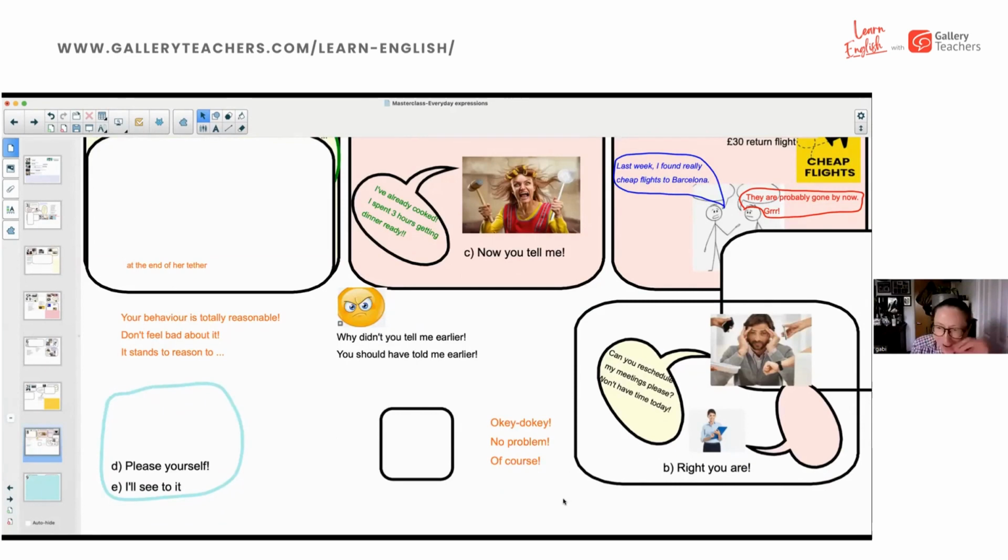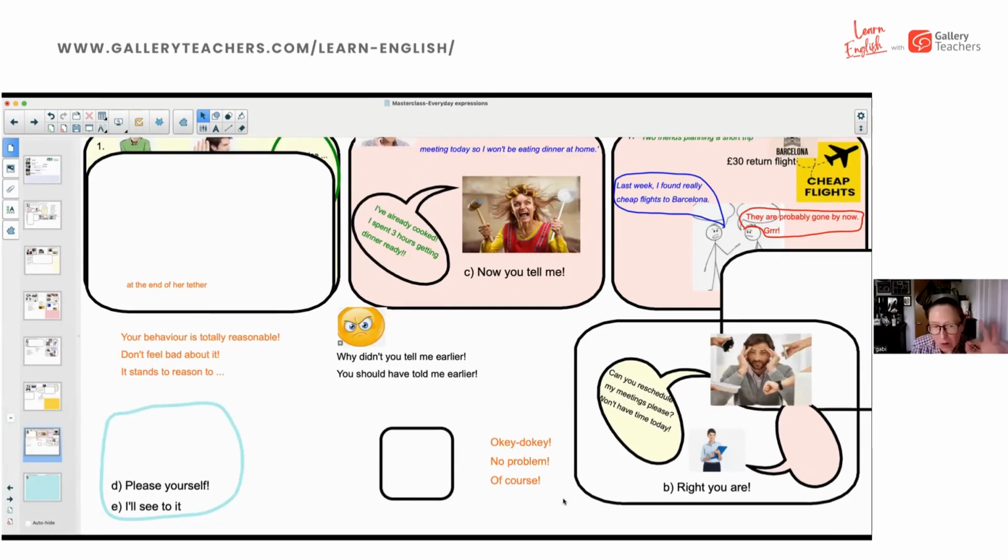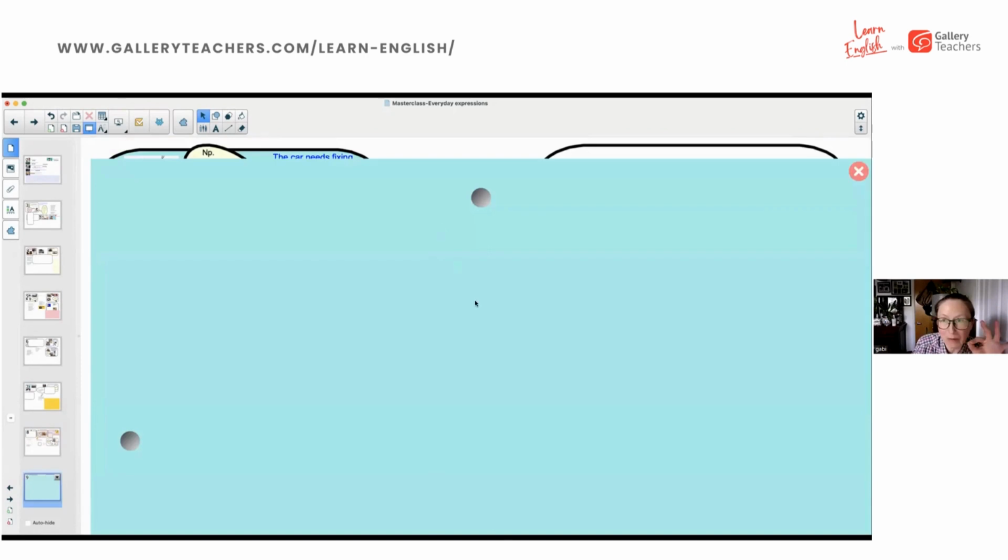So that's a very English expression. So right you are means that you're essentially saying okie dokie, no problem, okay, it's coming. So if you ask somebody for a favor and they say no problem, of course, they may as well say right you are. So don't be confused if someone ever says this to you. It means no problem, okay, it's coming, okay, I'm doing it, I'm on it, you could say, right you are, okay, good.